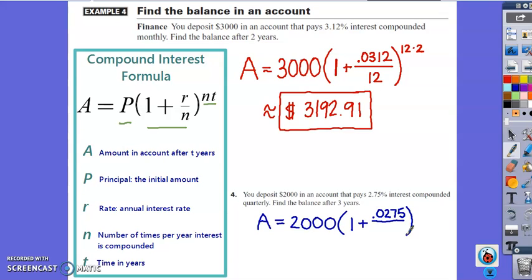How many times a year is that? 4 times a year. So 4 times a year, they're not going to give us the full 2.75. They're going to give us a fourth of that, but give it to us 4 times a year. It's a good deal. And then to the 4 times 3, right? Because 4 times a year for 3 years would be 12 times. Should we try typing it in?